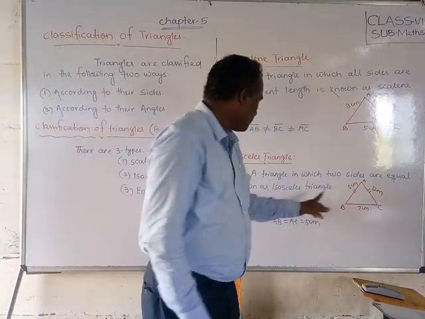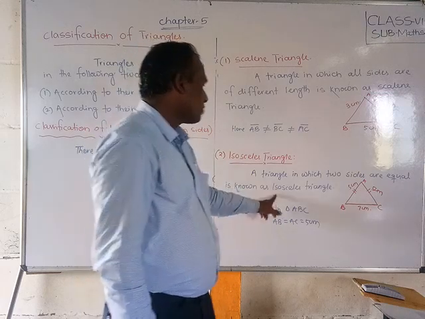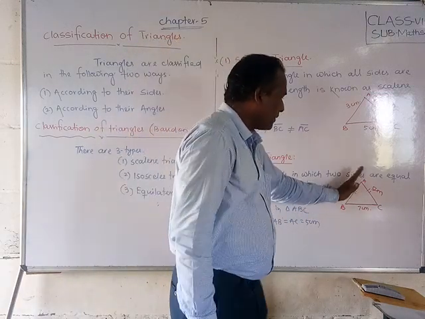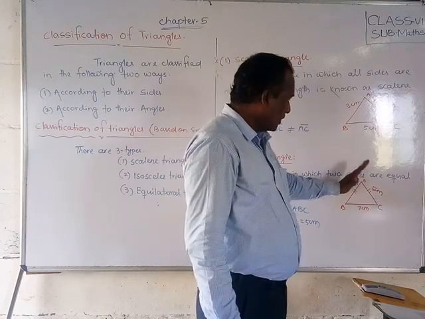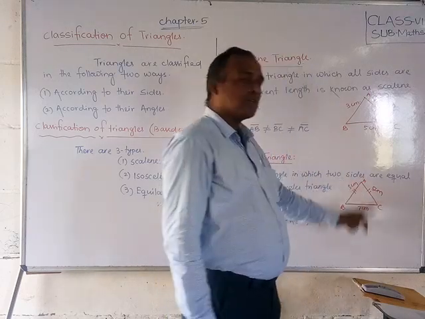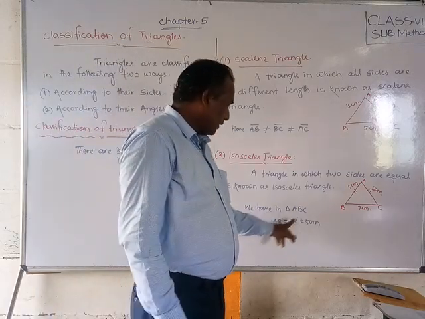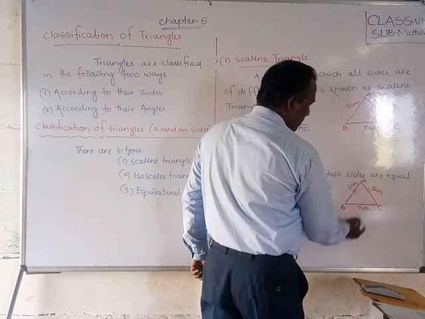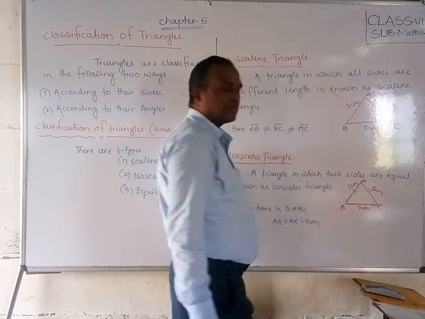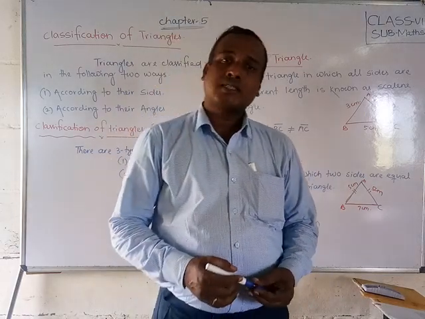Observe, in triangle ABC, AB is equal to AC. Here AB is 5 cm, and AC is also 5 cm. So if two sides are equal, it is called an isosceles triangle.